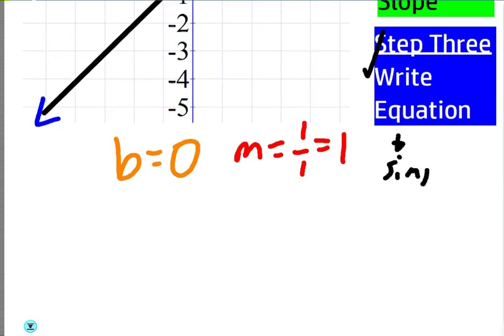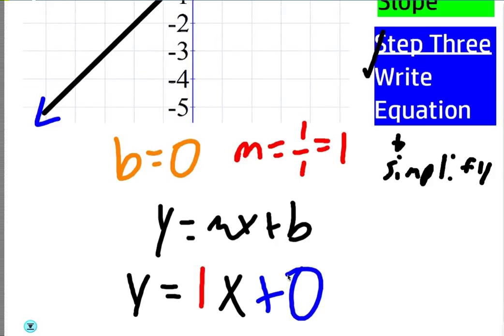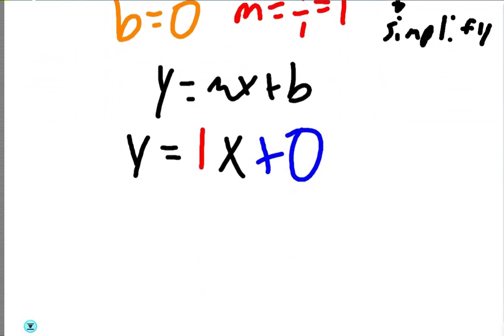Next, we're going to write the equation and simplify. So we got y equals mx plus b. So y equals, I'm going to replace m with 1, which we just found, and 0 for b. And here's where we need to simplify. This is y equals 1x plus 0. y equals x, thank you.